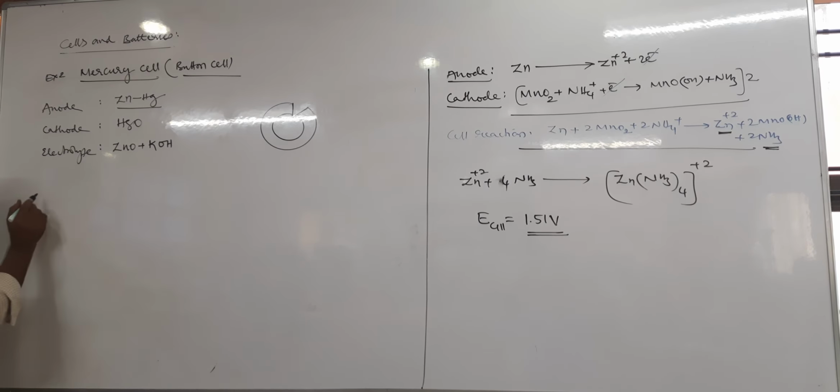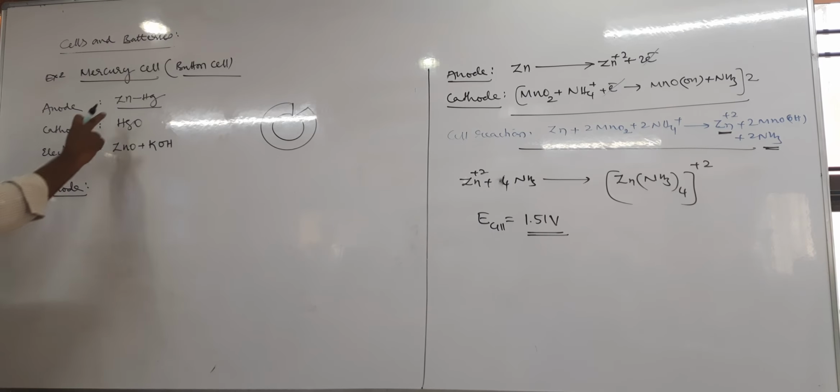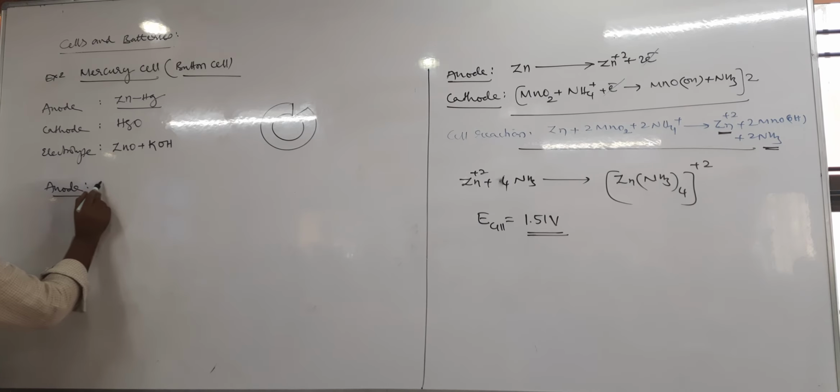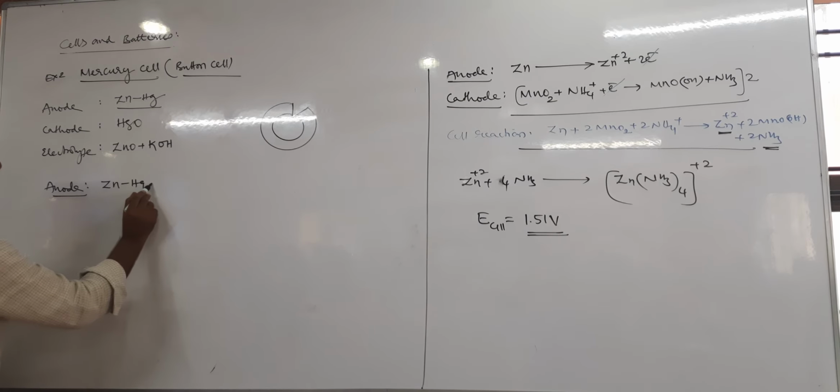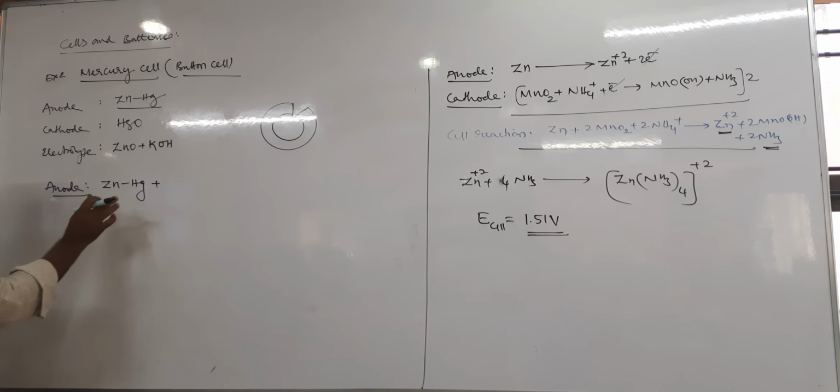Then what is the reaction at the anode? Here the anode is zinc amalgam, which is connected to the electrolyte. In the electrolyte there is zinc oxide.